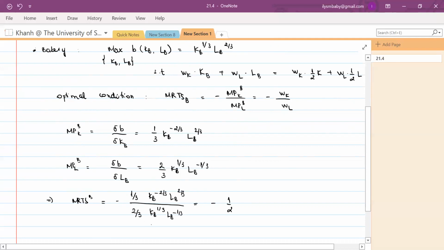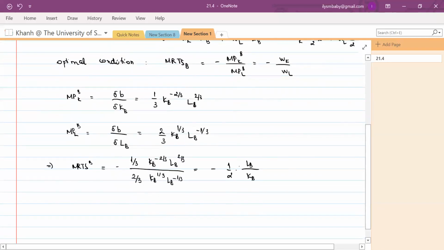KB negative 2/3 divided by KB 1/3 gives me KB in the denominator. And if I move LB to the power negative 1/3 to the numerator, it becomes LB to the power 1/3, and multiplied by LB to the power 2/3 gives me LB.